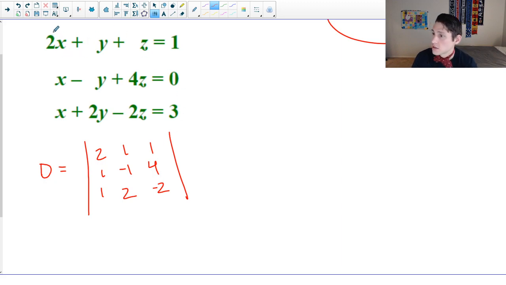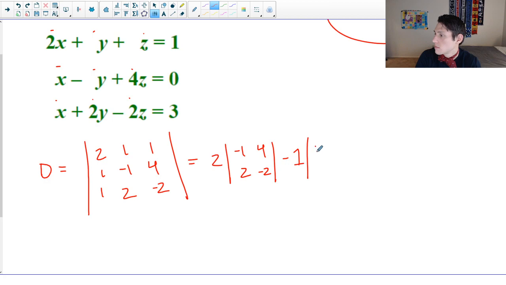That's just looking at these coefficients. And we'll do the determinant. Oops. See? Simple error.